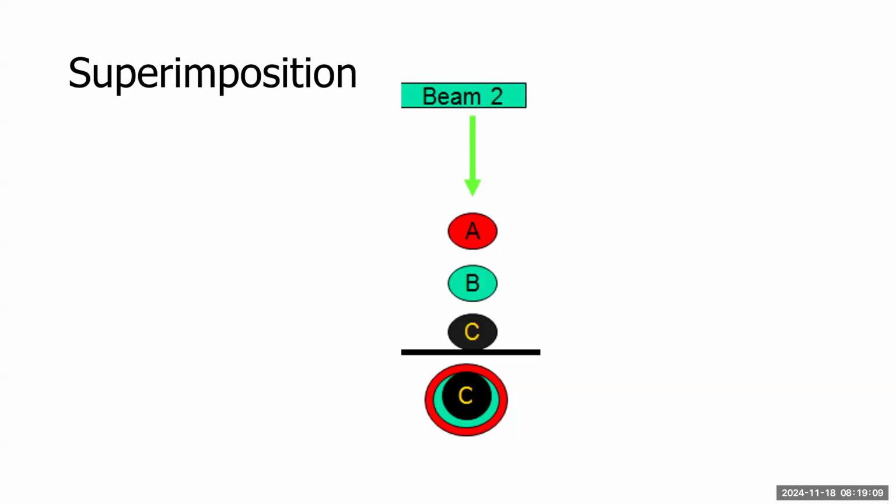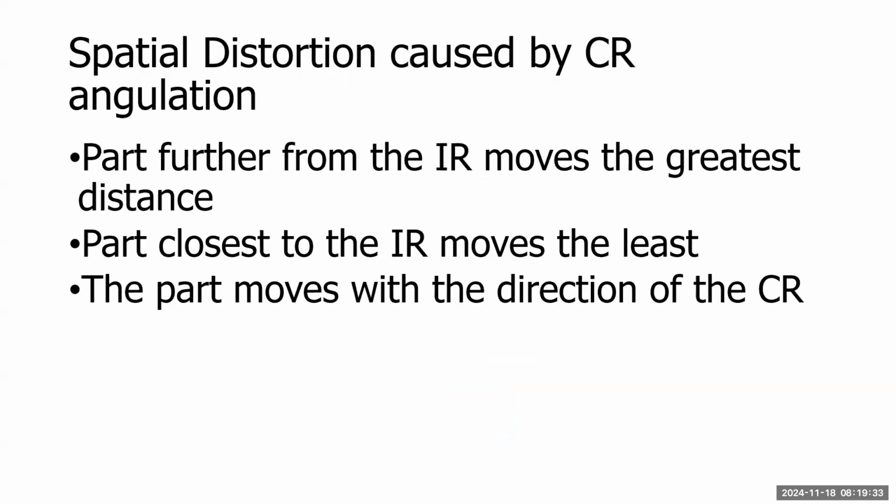You would be able to see through all of these structures if we were talking about a real X-ray. Does that make sense? So it's not really that C is on top. They're all being projected one on top of the other. It's just that C is going to be the least magnified because it is closest to the IR. A is going to be the most magnified because it is further from the IR, has more OID.